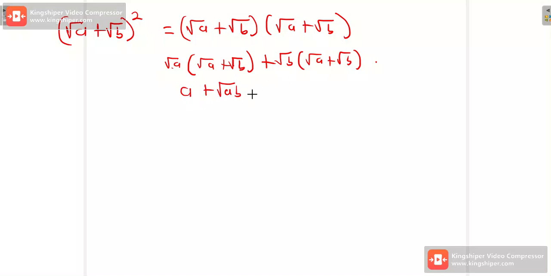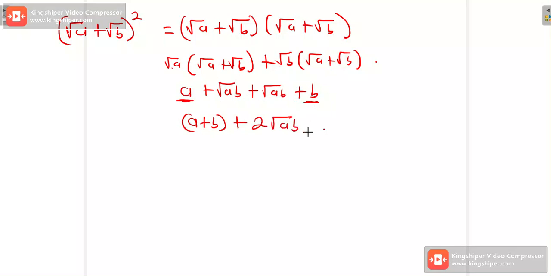Then here too, the same thing. Root of B times root of A will give us root of AB. Then root of B times root of B will give us B. Now from here, we can add the rational part, which is A plus B. Then also, we add the radicals, which is going to be 2 root of AB.